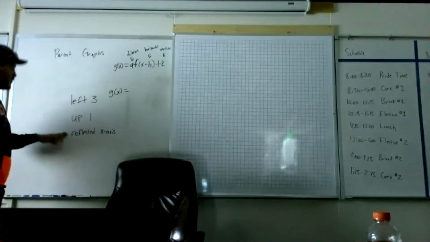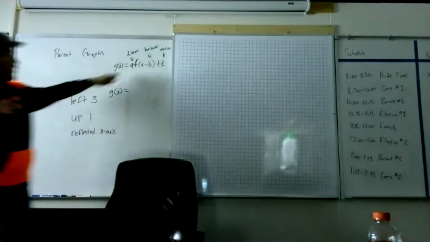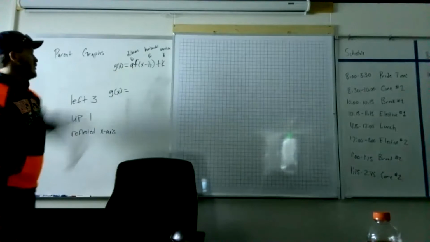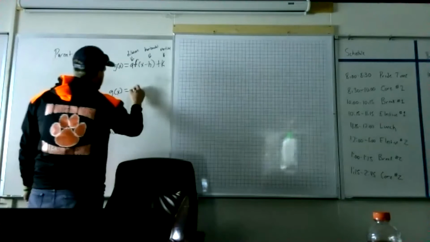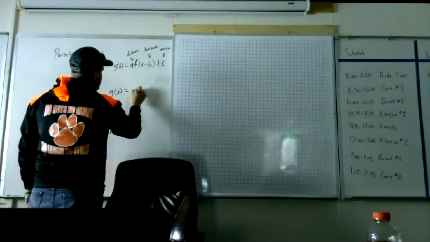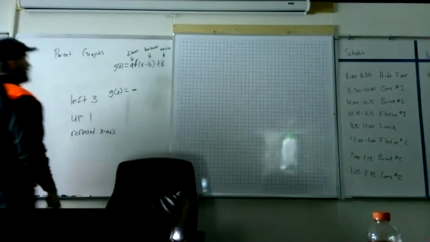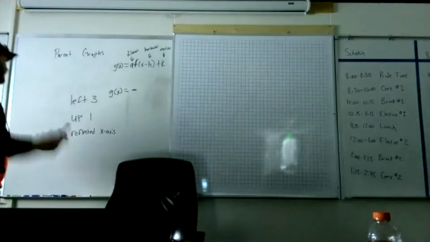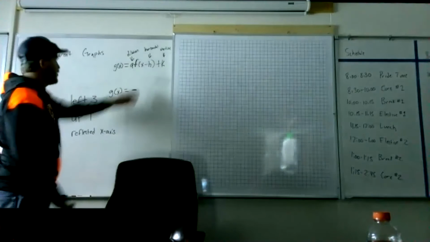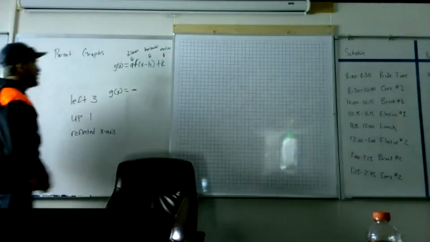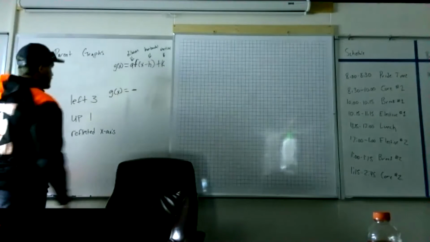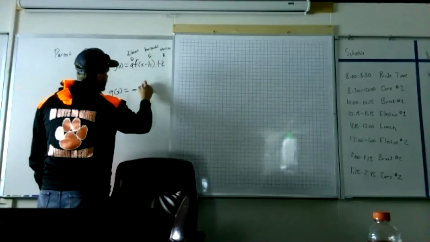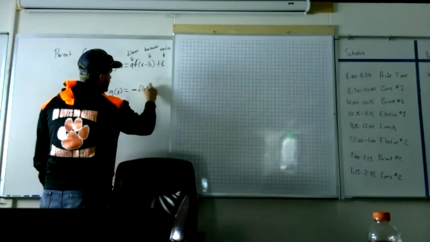Remember, the reflection from the x-axis occurs when we have a negative a value. Okay, so we want to have a negative out front. Okay, if it was a dilation by a factor of 2 or a factor of 3 or a factor of 1 half, we would put 1, 2, 3, or 1 half. But it doesn't specify that in the question. It just says that it's reflected. So that's a negative f of x.